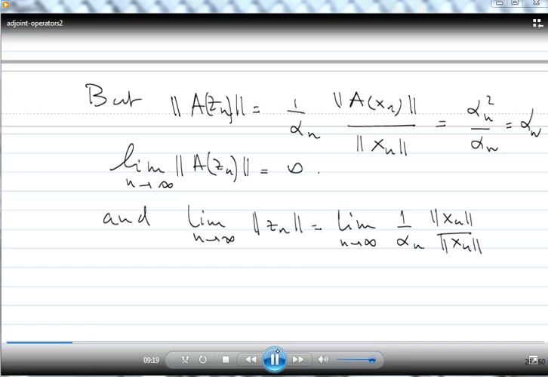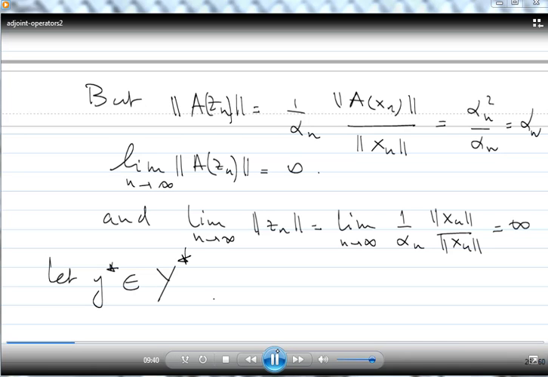And 1 over alpha n goes to 1 over 0, which is infinity. So the zn are unbounded. But the limit of A of zn is equal to what? To 0. Great.